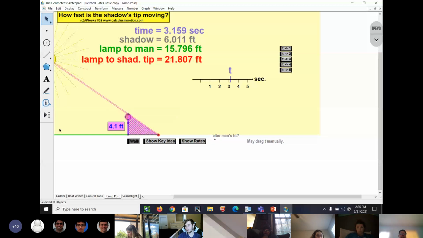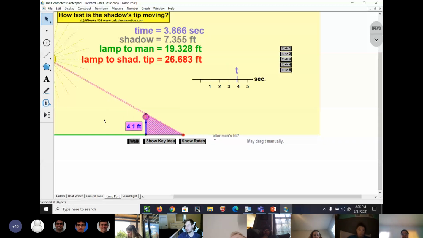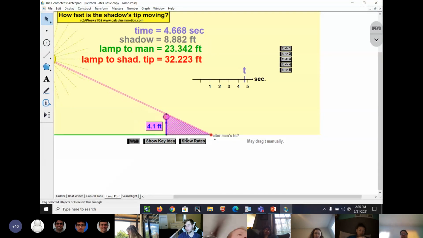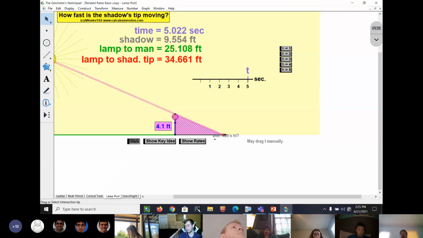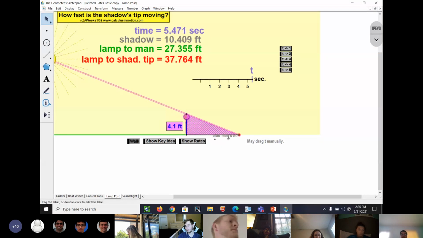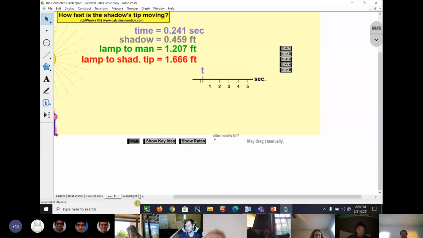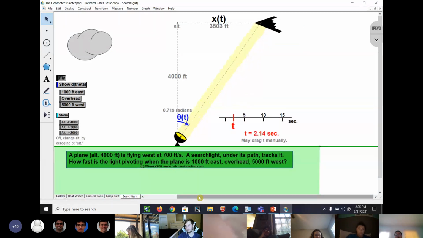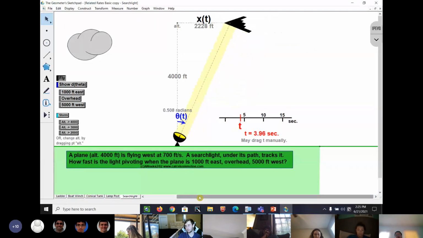When the man is right here, the angle of the shadow is like 90 degrees. And you see that the angle is decreasing as the shadow increases. So these are just things that you're going to see in the future as the plane comes forward and hits directly above the searchlight.